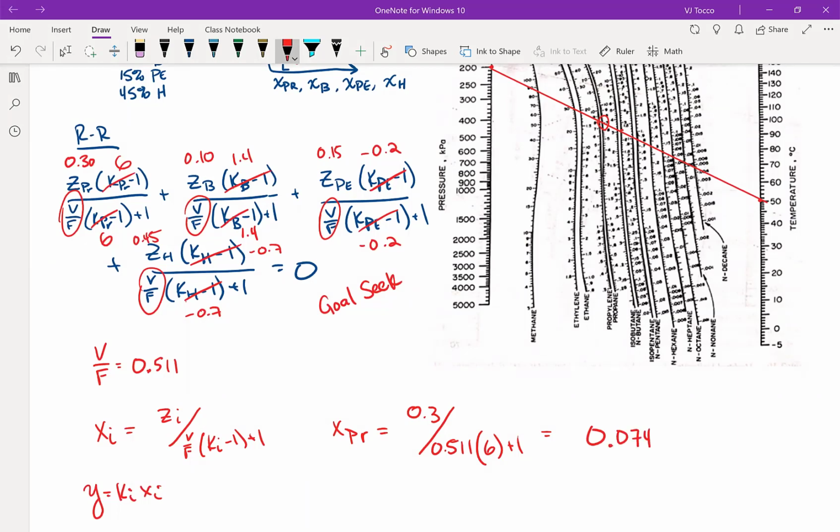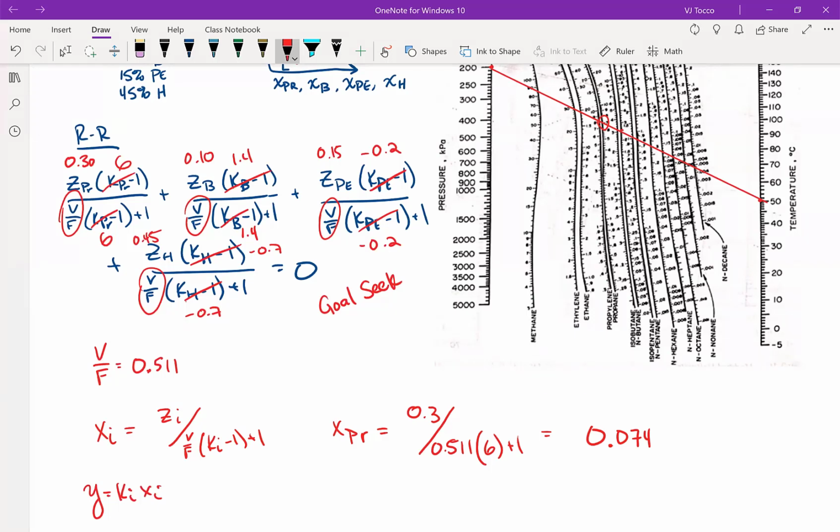So 7% propane, which is going to make sense, right? Propane is the most volatile component. Therefore, I would expect that the liquid phase composition of propane is very little. My vapor phase composition of propane should be much greater. So I'm going to multiply that times the K value, which we decided was 7.